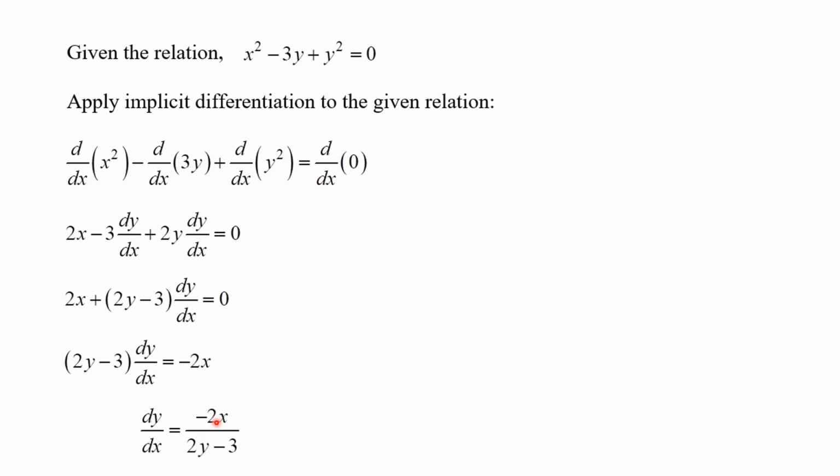Multiply the numerator by negative 1 and multiply the denominator also by negative 1. So we get the form dy/dx equals 2x divided by 3 minus 2y. And notice that this expression is exactly the same as the given differential equation.